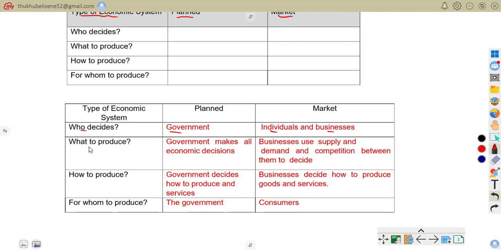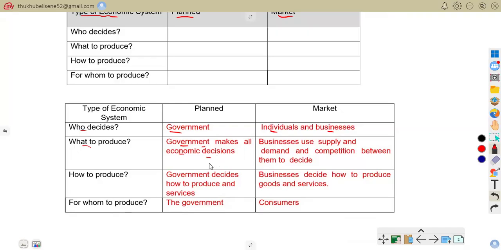Then we come to the question which says what to produce. Government makes all economic decisions, meaning the government decides what goods and services must be produced. For example, a government decides to produce more maize.